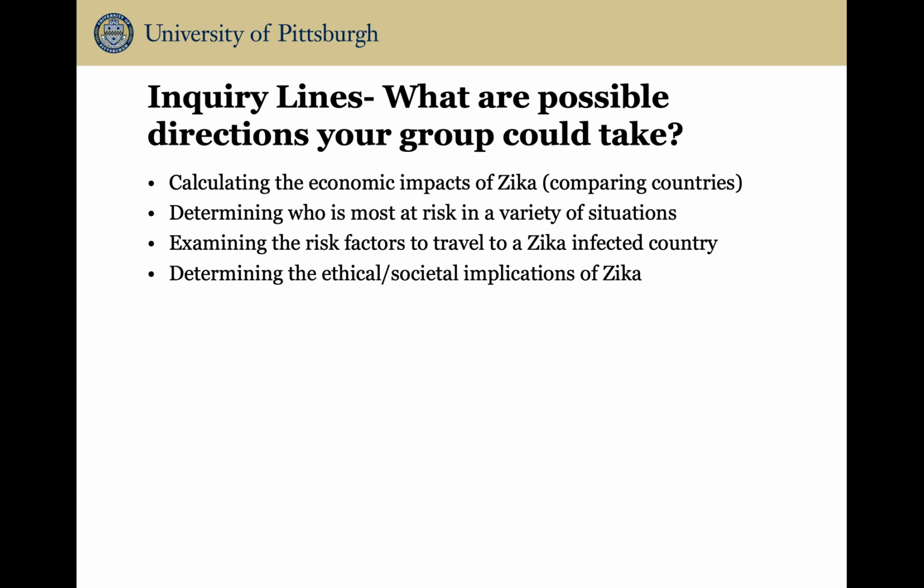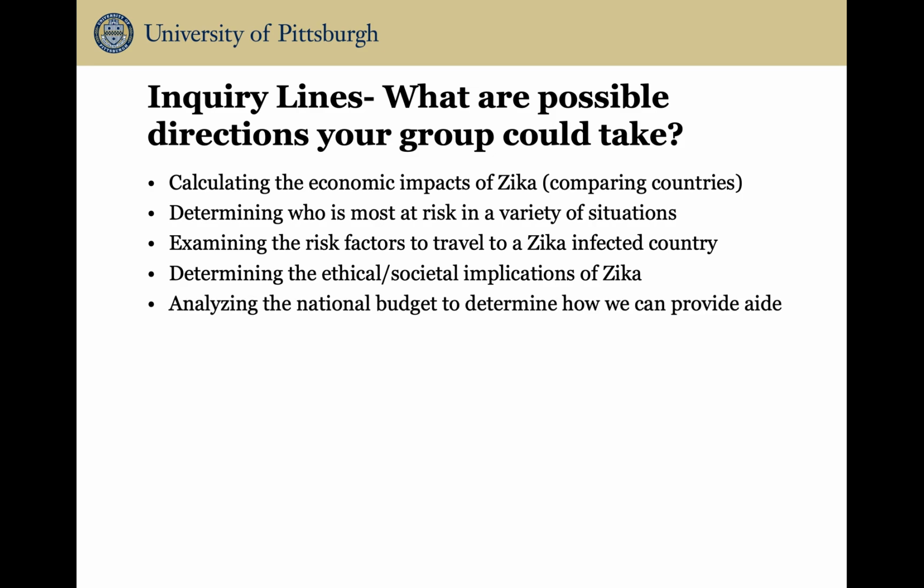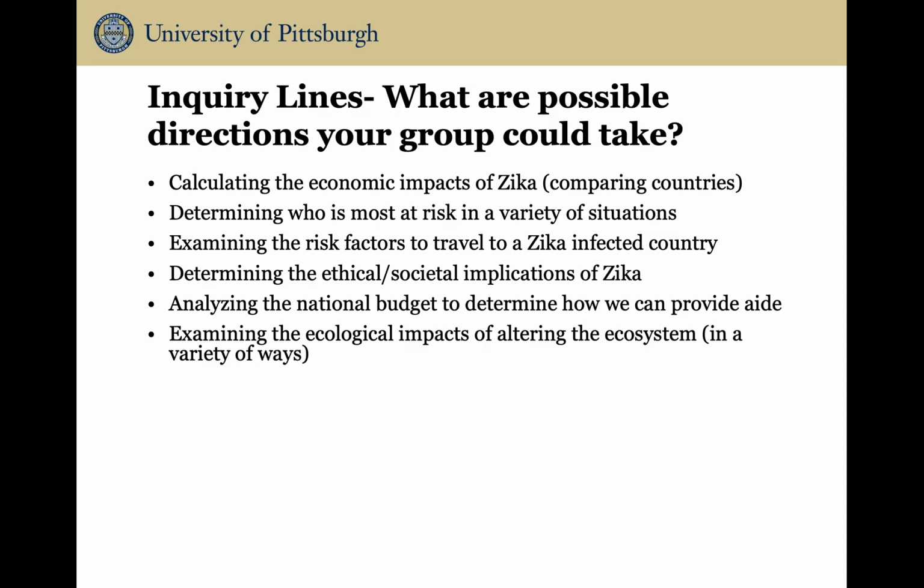They determined the ethical and societal implications of Zika, which were really quite fascinating. The students actually looked at a lot of the gendered norms because of the way this disease was being portrayed in the media. They looked at the national budget to determine how we could provide aid for countries that would need it. And they examined the ecological impacts of altering an ecosystem in a variety of ways.